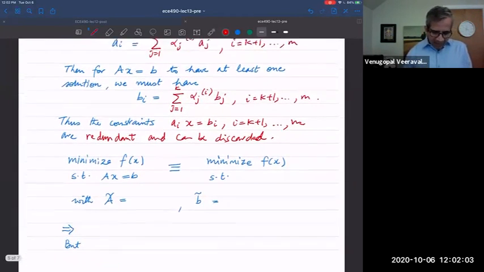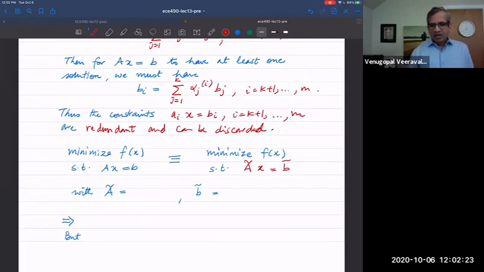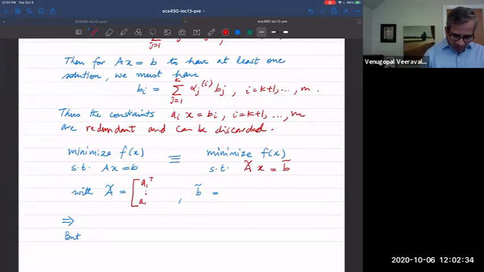So if that's the case, I can write my constrained optimization problem of minimizing f(x) over Ax equal to b as equivalent to minimizing f(x) over a new set of constraint equations that only contain k constraints now. The A tilde matrix is just the first k rows of the A matrix, and the b tilde is the first k elements of the b vector.